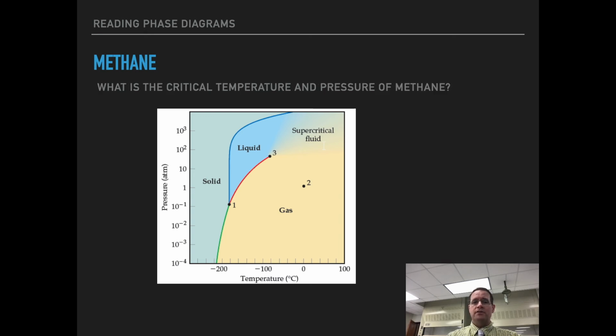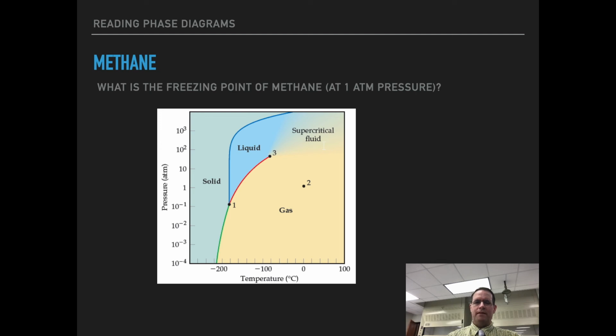What is the critical temperature and pressure of methane? Again, you want to read the pressure and temperature of point number 3, the critical point. The pressure looks to be between 10 and 100 atmospheres. It's a log plot, so it's hard to read. And the temperature looks to be about minus 80 degrees Celsius.